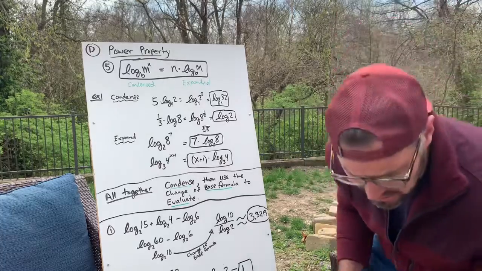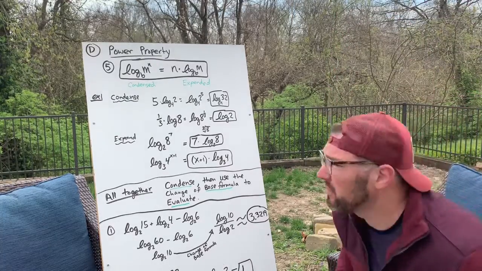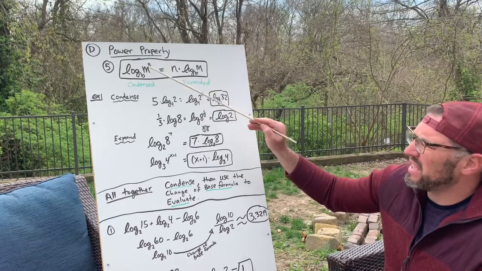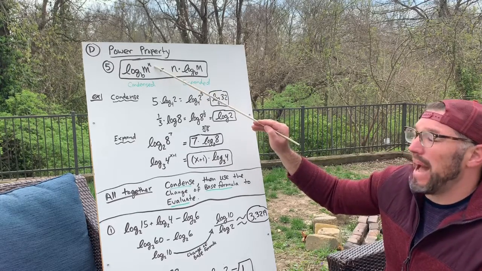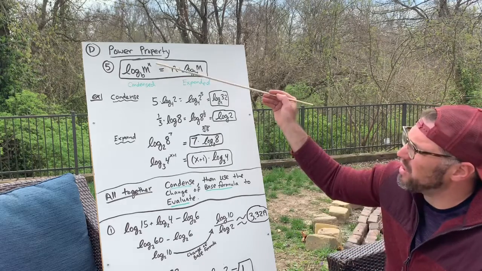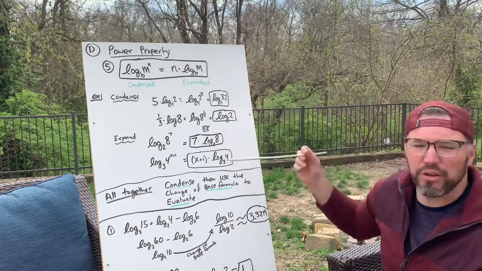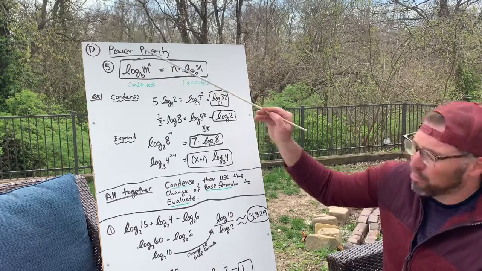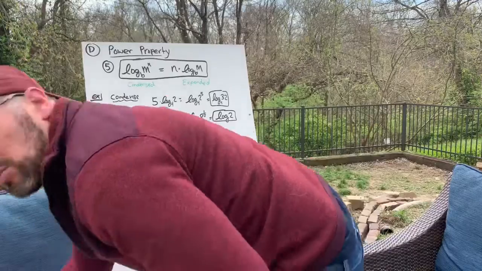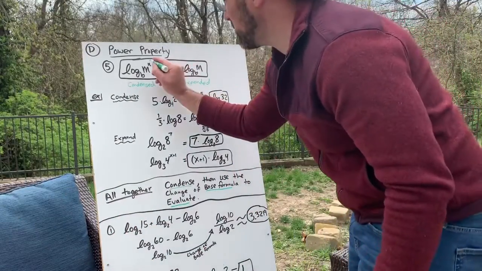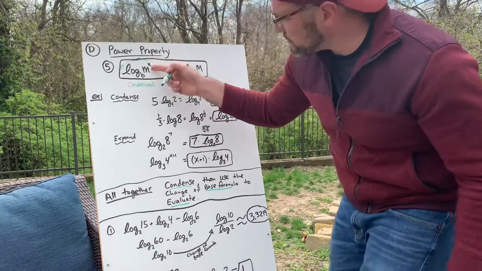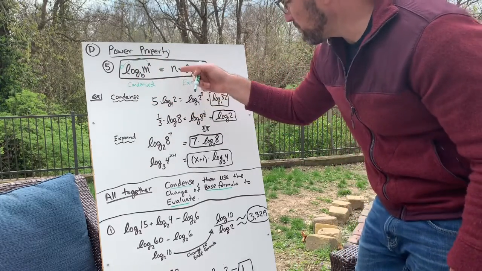All right, so next is the last property, the power property of logs. It says that if you have log base b with m to the n power as your input, it's called the power property because you have an exponent in the input of your log. If that's the case, then you can expand by just bringing the n, the exponent, out of the log and putting it right out front.